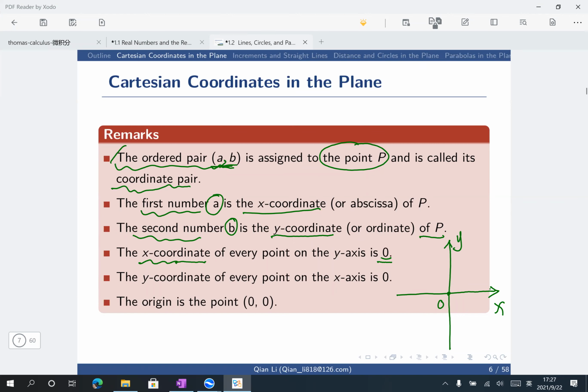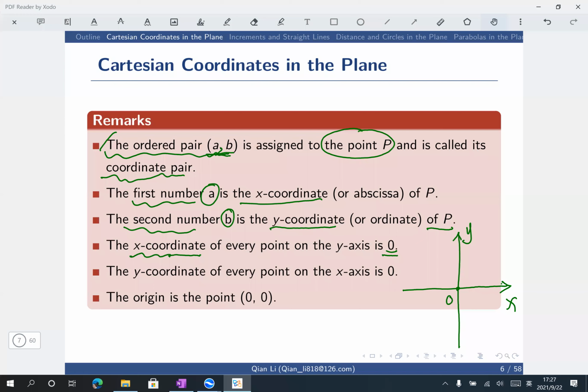If there is a point on the y-axis, the x coordinate means if we draw a vertical line, it will intersect with the x-axis at this 0 point, right?